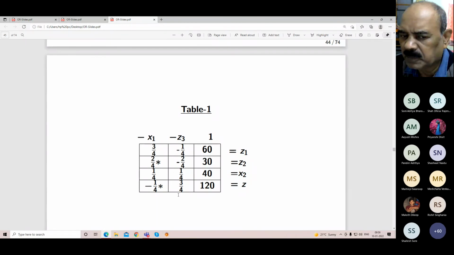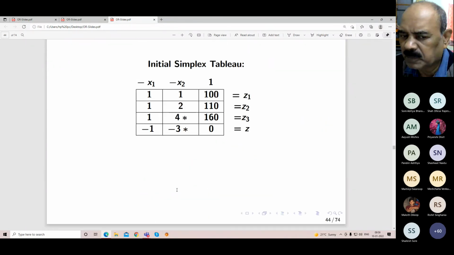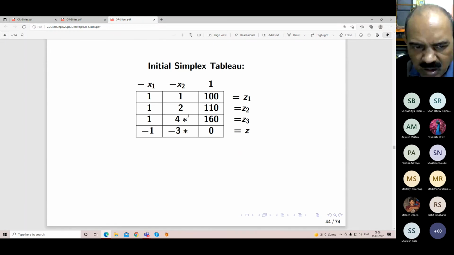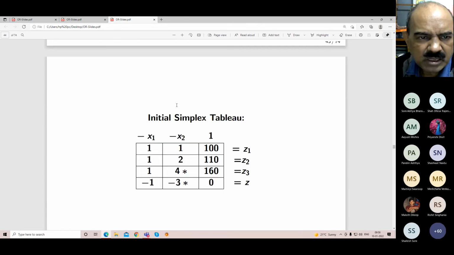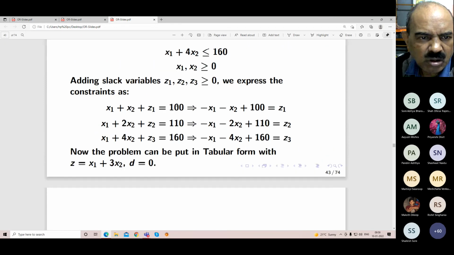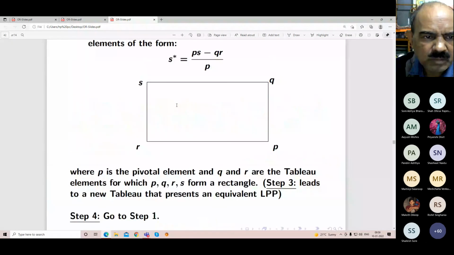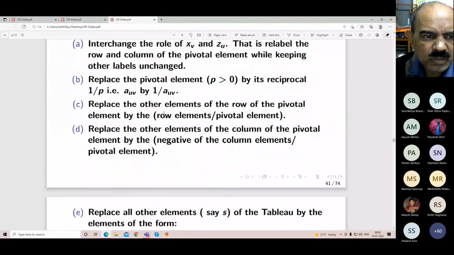As a result, this is completed. Other than this row and this column, there are several other elements. So how do we tackle the other elements? For these other elements, we will apply this rule. See here, B says replace the key element by its reciprocal.